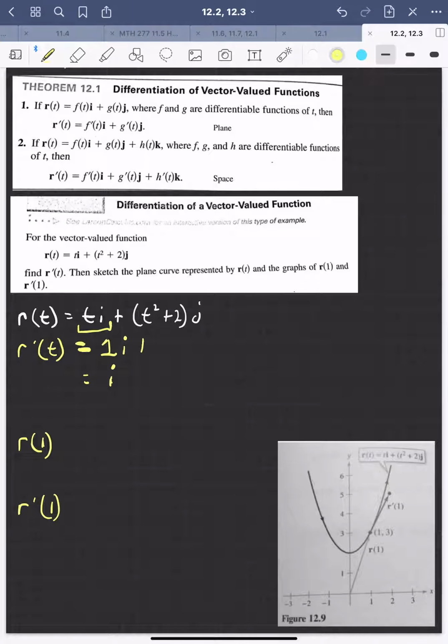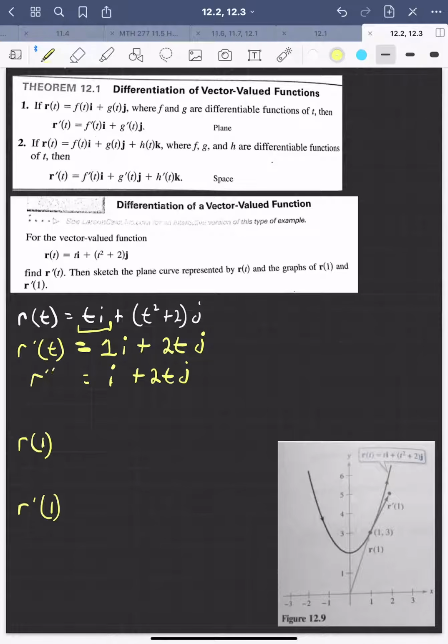All right? And now let's go to the second component. So the derivative of t squared plus 2: the derivative of t squared is obviously 2t, and the derivative of 2 is 0, so it's just 2t in the j direction. Well, that's easy.